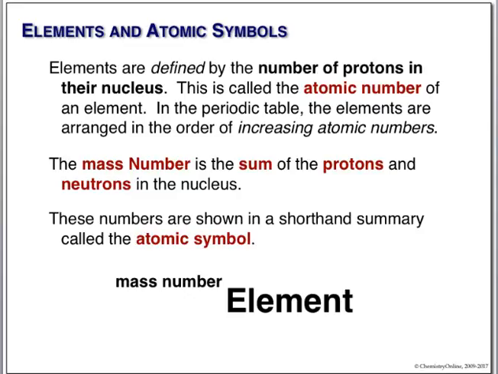Now, what's the mass number? Remember we said that virtually all of the mass of an atom was in the nucleus, right? So what's in the nucleus? Protons and neutrons. So mass number is simply the sum of protons and neutrons. Finally, as a subscript in front, we stick the atomic number. That is the atomic symbol for an element.